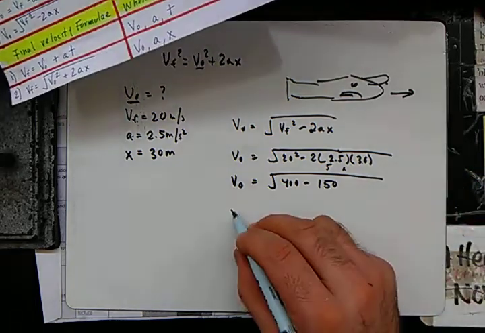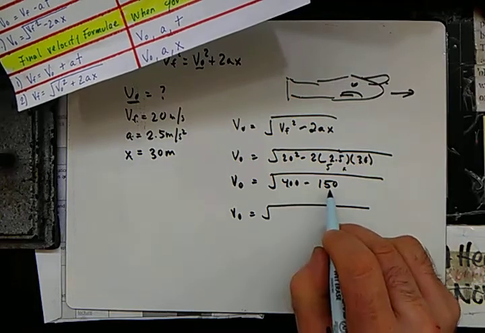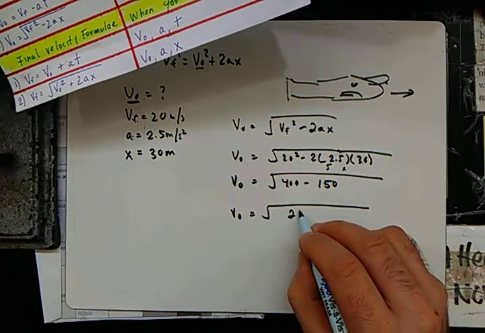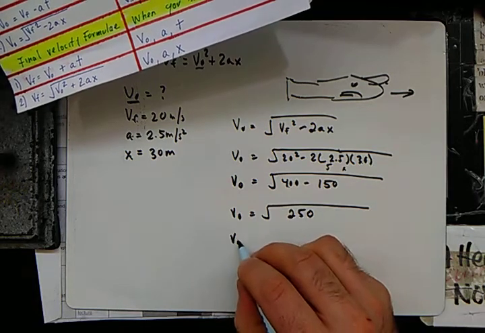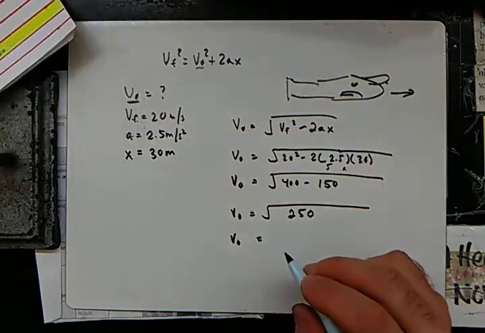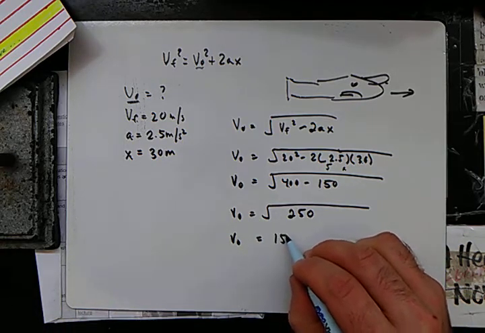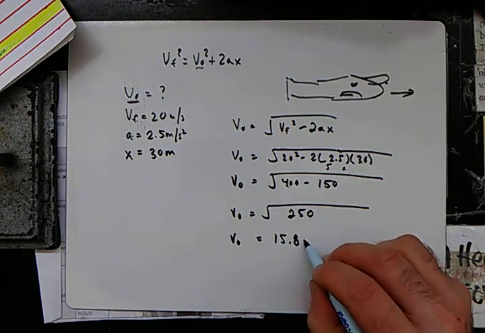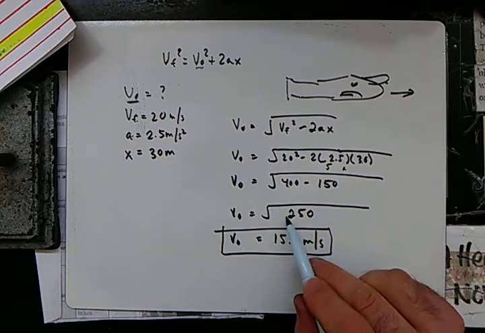So initial velocity is the square root of 400 minus 150, which is the square root of 250. In the calculator, the square root of 250 is 15.8 meters per second.